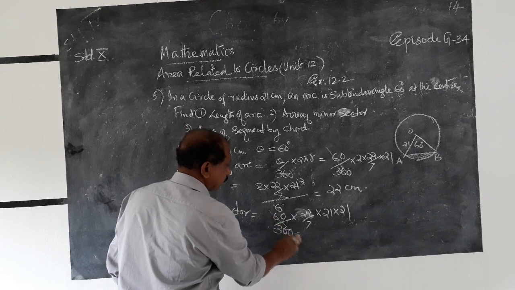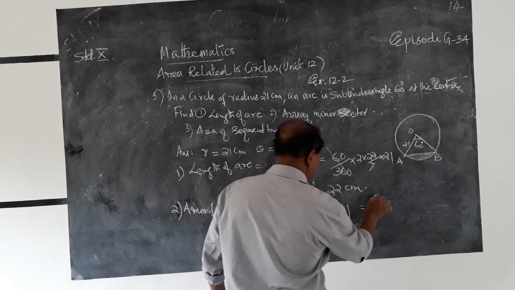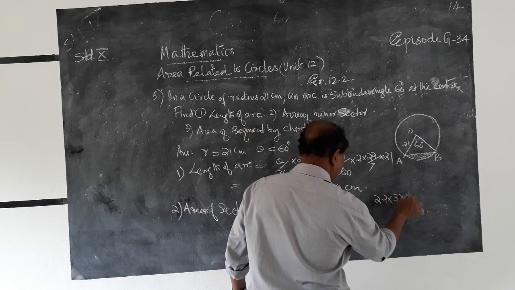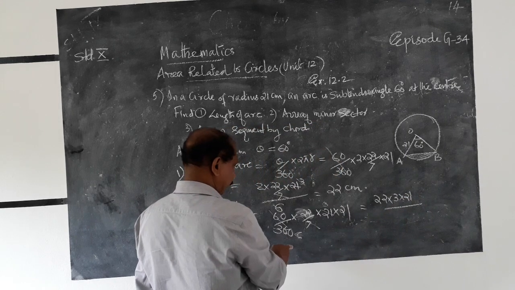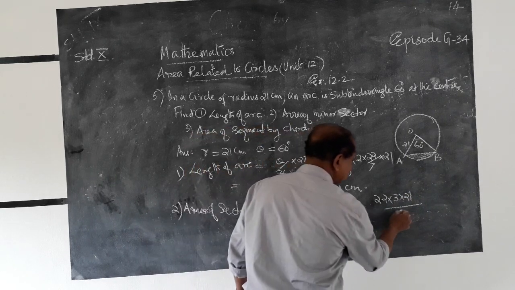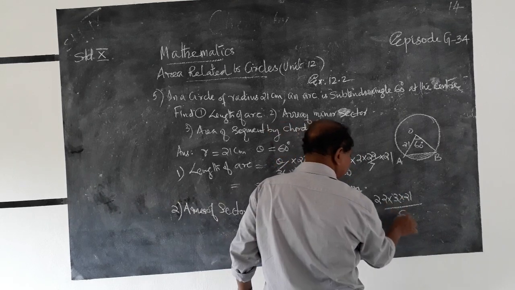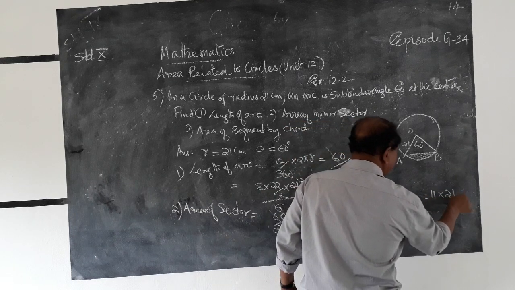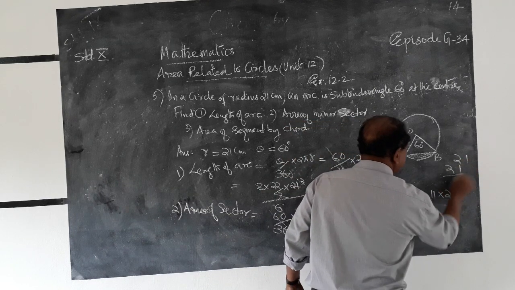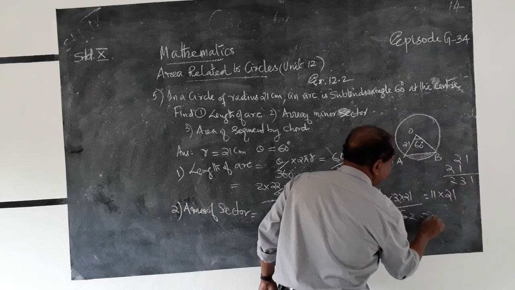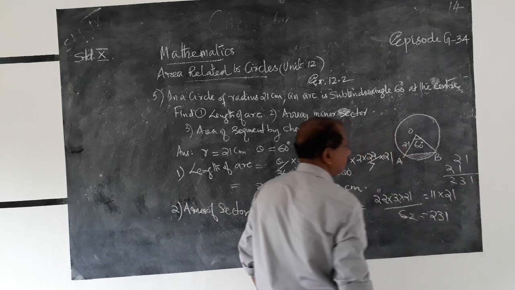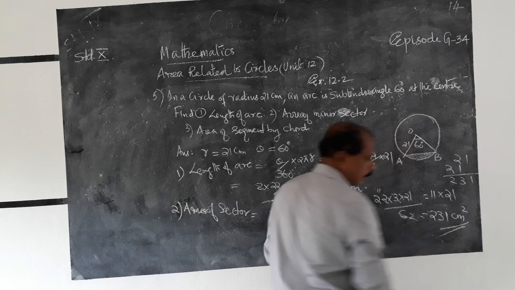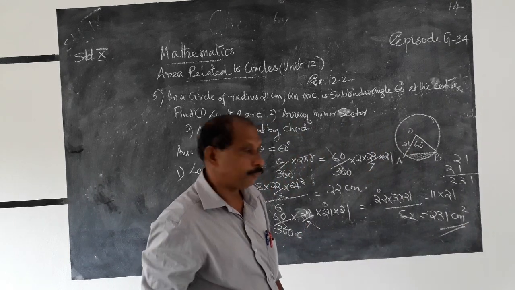That is by 6 is equal to 22, 7 and 22 cancels, 3 into 3 into 21 divided by 6. That is 3, 2, 11. That is 11 into 21, is equal to 231 centimeter square.